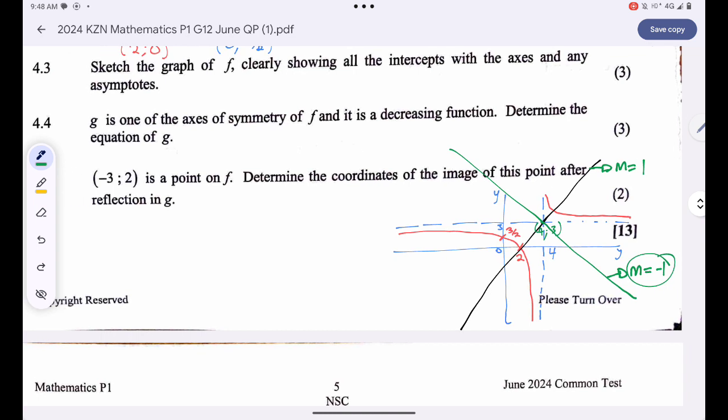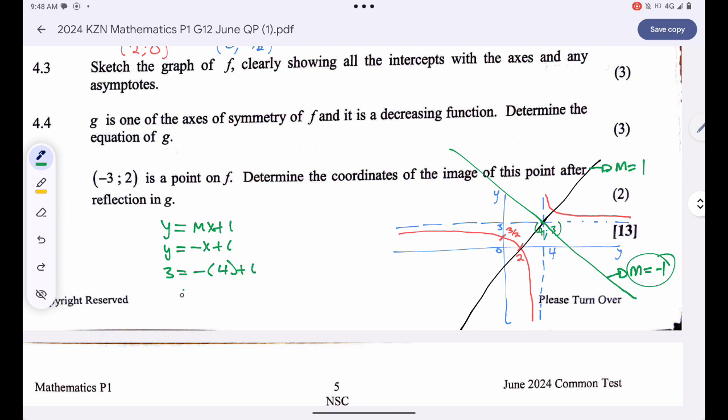So I have both the gradient and the point. I can simplify the equation. I can say y is equal to mx plus c. Y will be equal to -x plus c, because the gradient is -1, right? So for me to find the value of c, I just need to substitute the point. Y value is 3 when x is equal to 4.